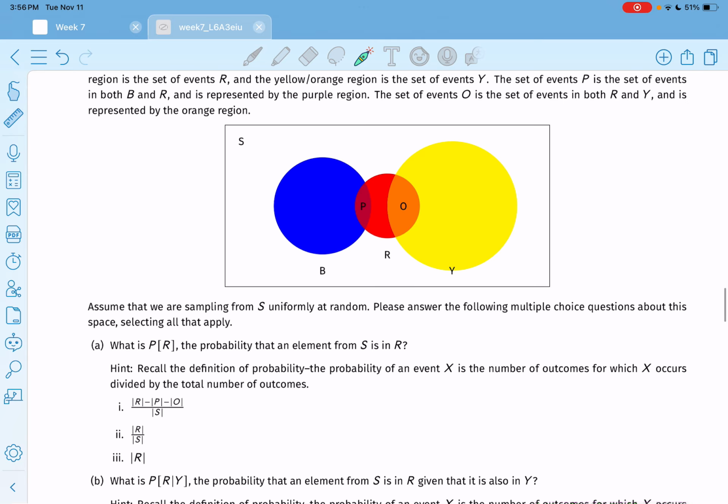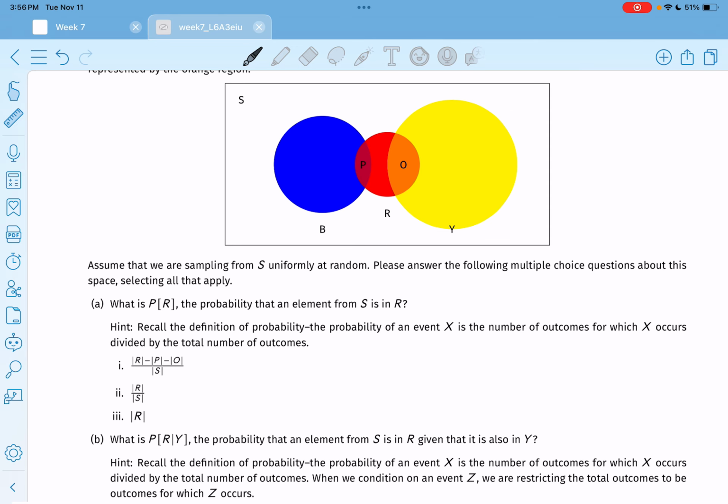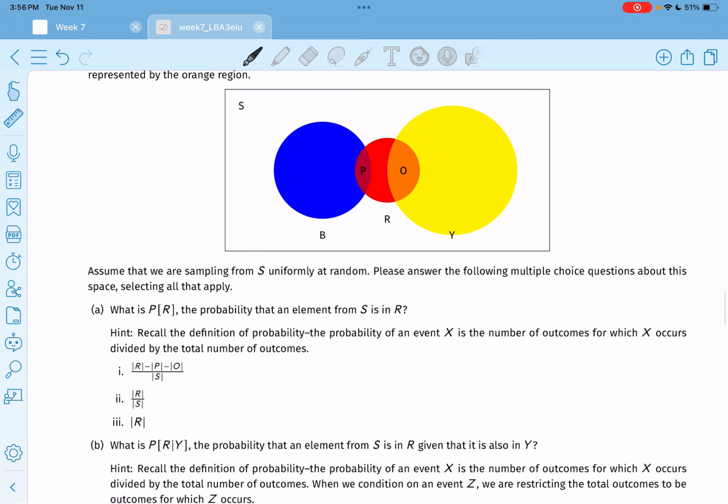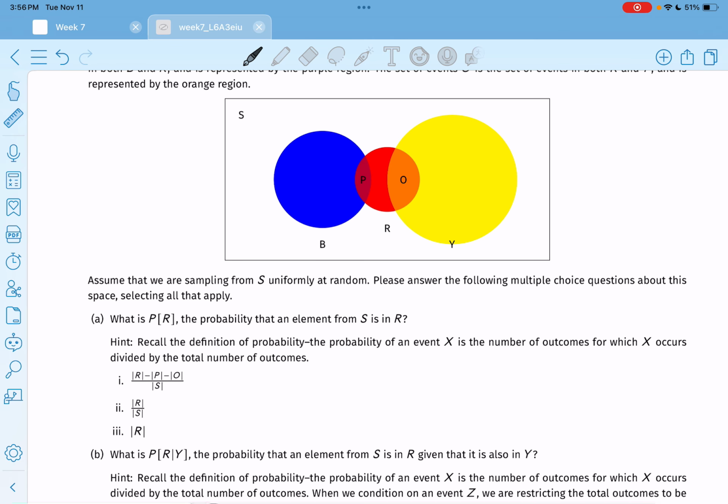So this absolute value means the number of outcomes. From the hint, we know that we need to use the number of outcomes in R divided by S, because we are given S. So we get our final answer, which is the number 2.